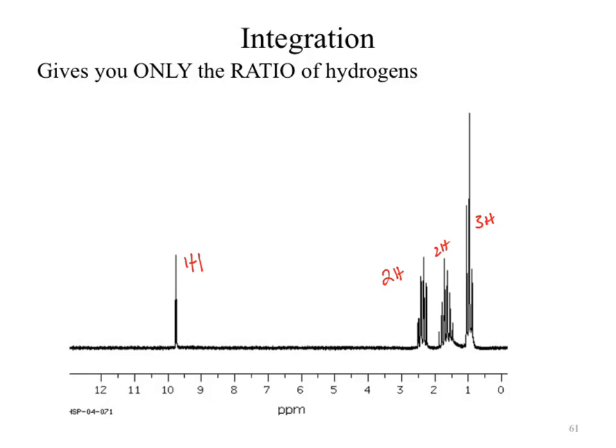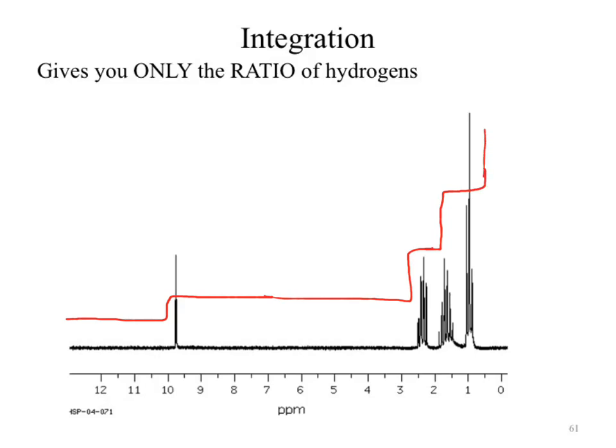The last way that you could potentially see things, which is really, really ugly, but this is the way it used to get done, you'll see this line slide across the spectrum. What is this line showing?